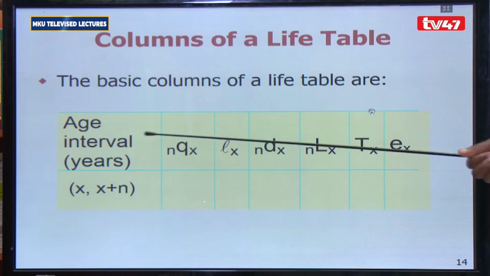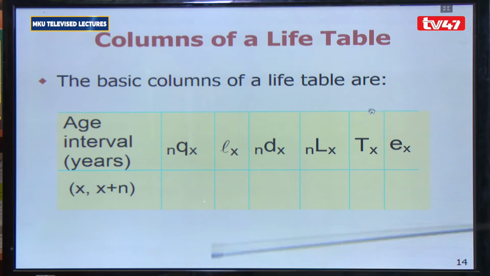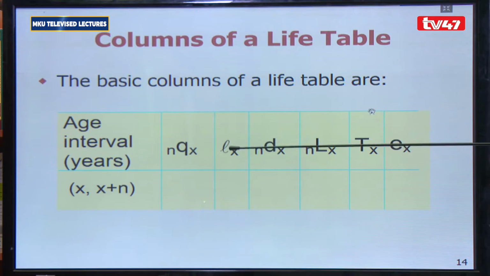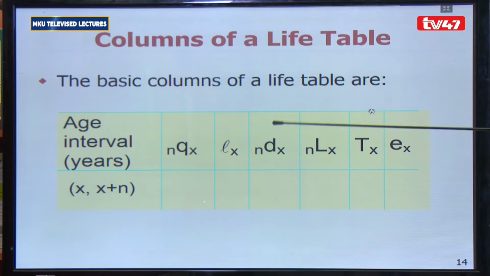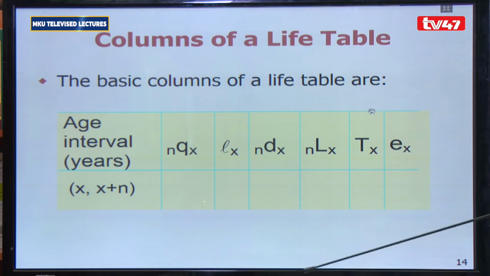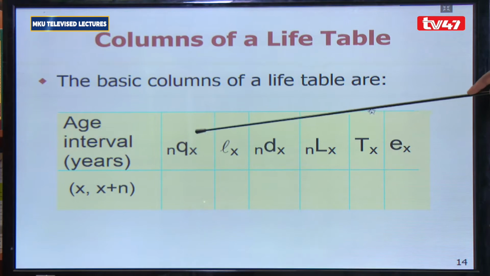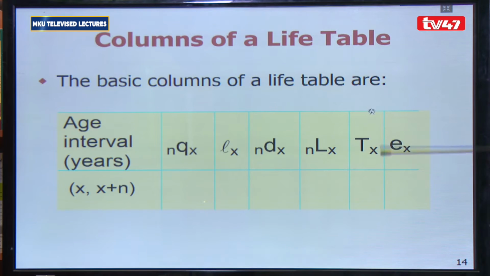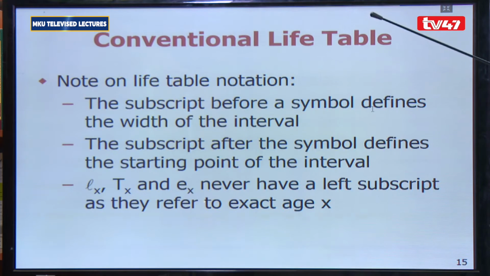For example, age and also the number alive at that particular age is important. So we'll see how we can come up with this n d x, where n and x are subscripts, and then we'll also see how we can come up with that. So either can be obtained from a given table.